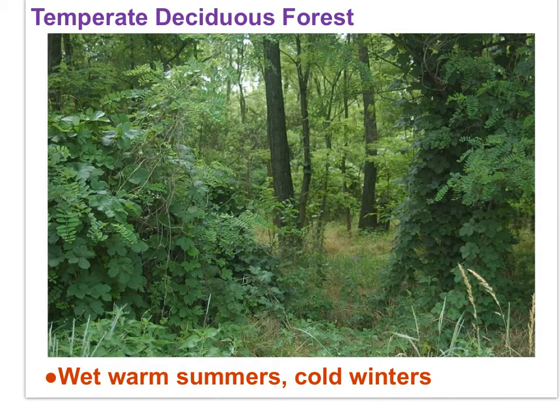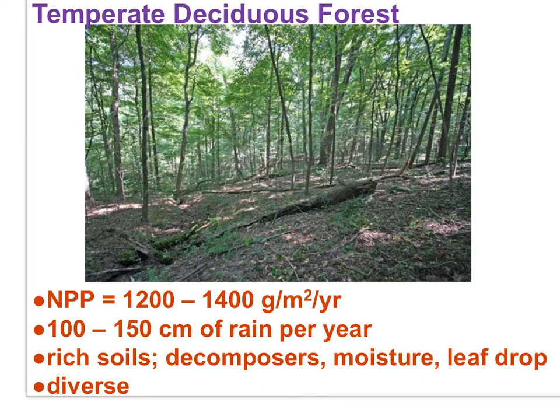Temperate forests experience wet, warm summers and cold winters. Temperate forests have an intermediate level of productivity, around 1,200 to 1,400 grams per meter square per year. They experience 100 to 150 centimeters of rain per year. Temperate forests have rich soils, a strong decomposer community, moisture, and leaf drop.